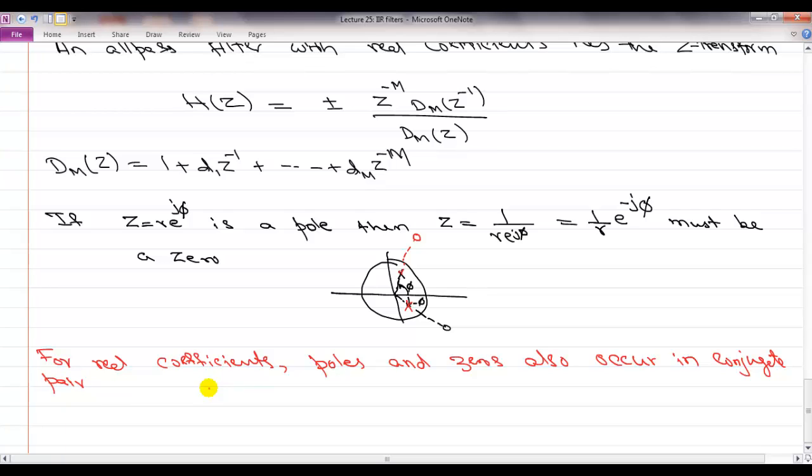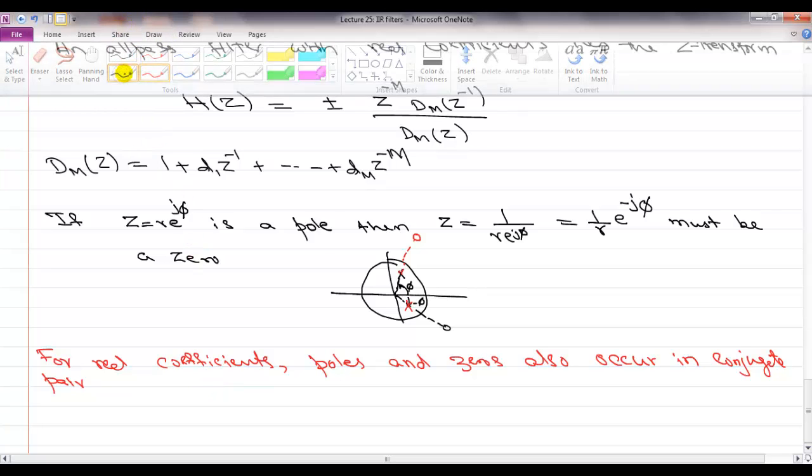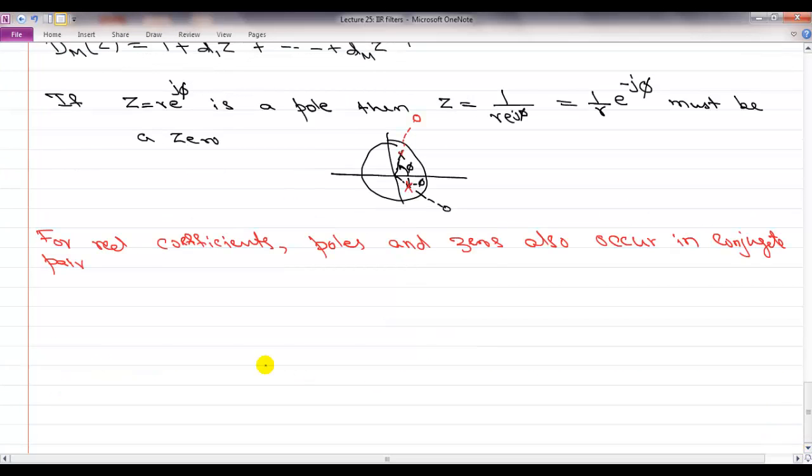So this is another case where you can just look at the pole zero diagram and tell what kind of filter it is. If you see something like this, you know for a fact that it's an all-pass IIR filter. Now the question is, why would we be interested in an all-pass IIR filter? Why would we just want to change the phase? Or where are all-pass IIR filters used?